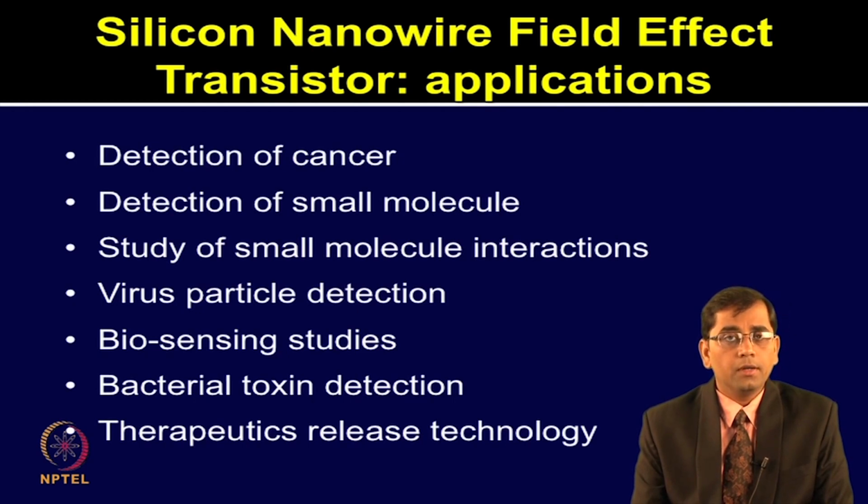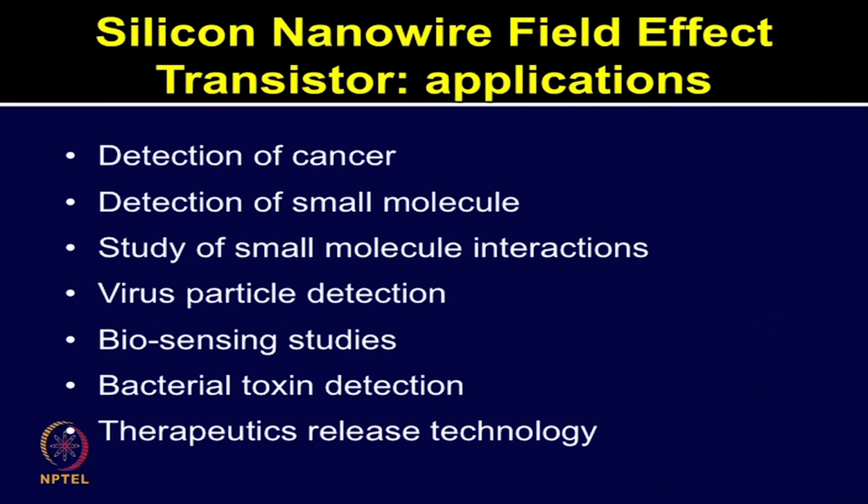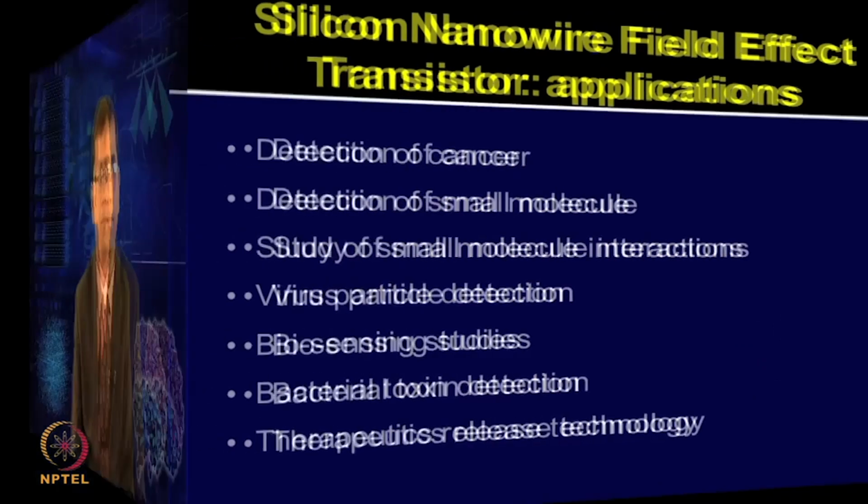So, overall, many therapeutic based studies have shown the potential of silicon nanowire field effect transistors, which can be applied for cancer biomarkers and other diseases.